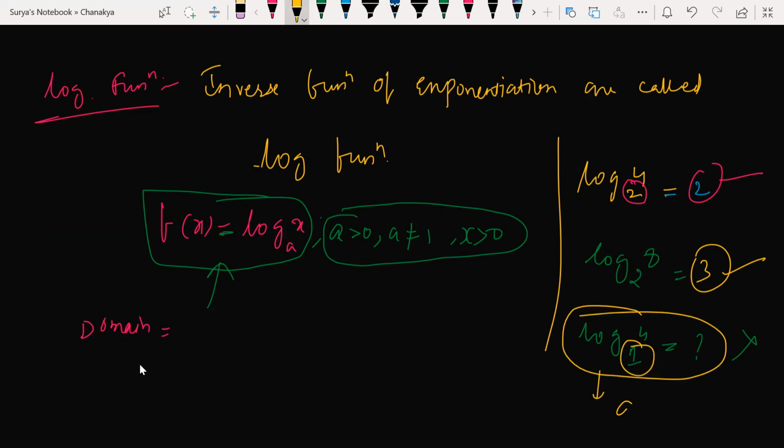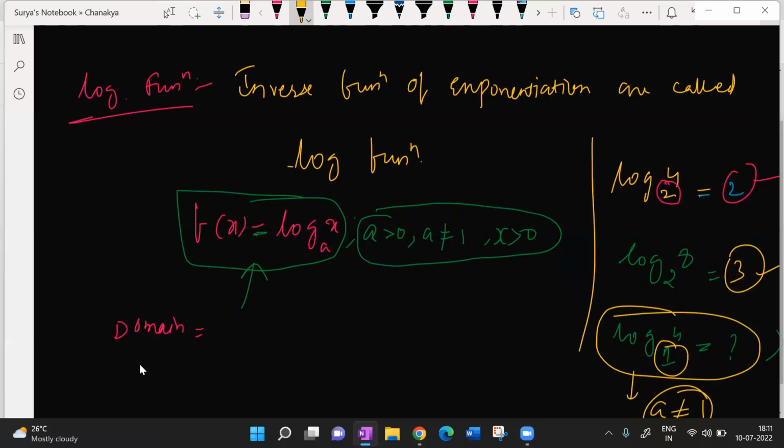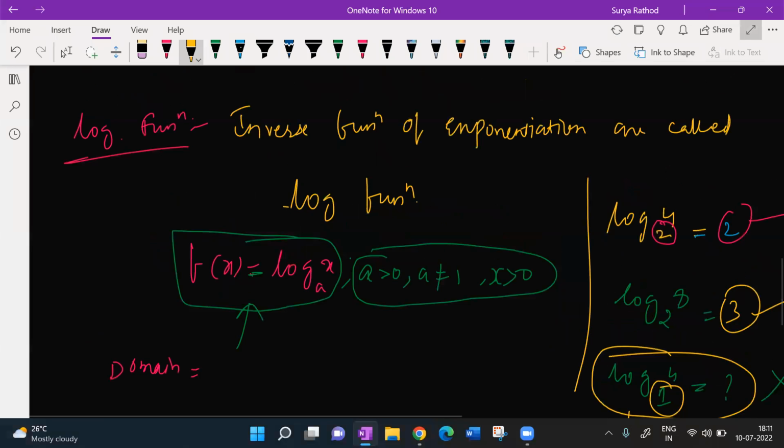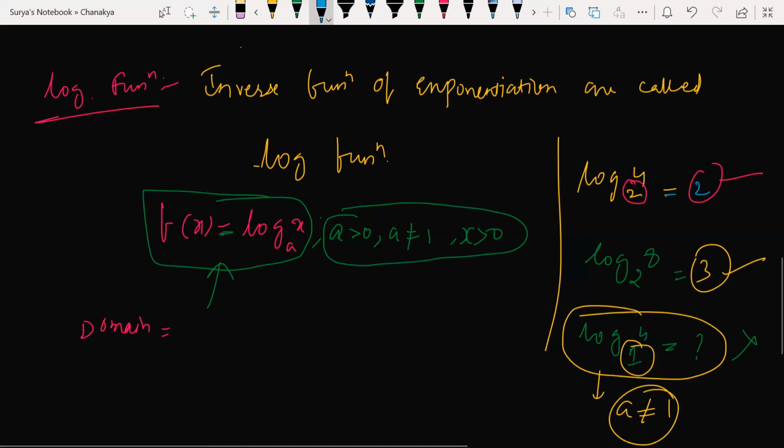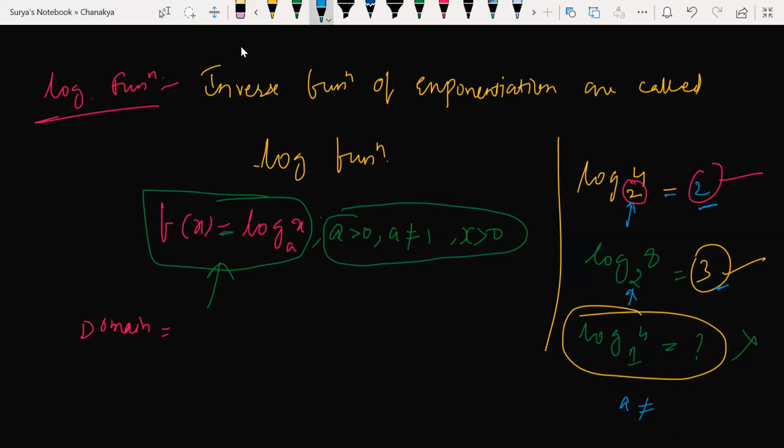If you have a base of 1, you will get a contradiction. 2 to the power of 2 gives me 4, 2 to the power of 3 gives me 8, but 1 to the power of anything is always 1. It never generates 4. That is the reason the base cannot be equal to 1.